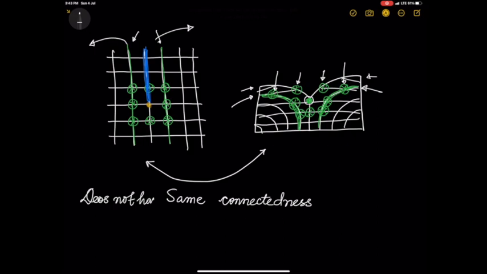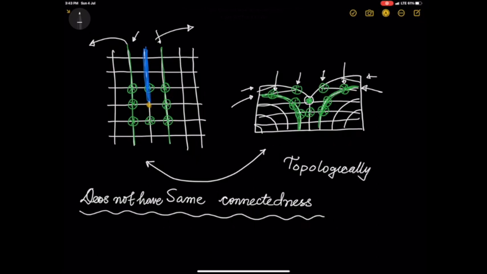So we can also say that these two spaces don't have the same topology. The topology for these two is different. So I call them topologically different spaces. Okay, so what we have seen is that we have gone from one space to the other in this case, and we have not preserved the topology.